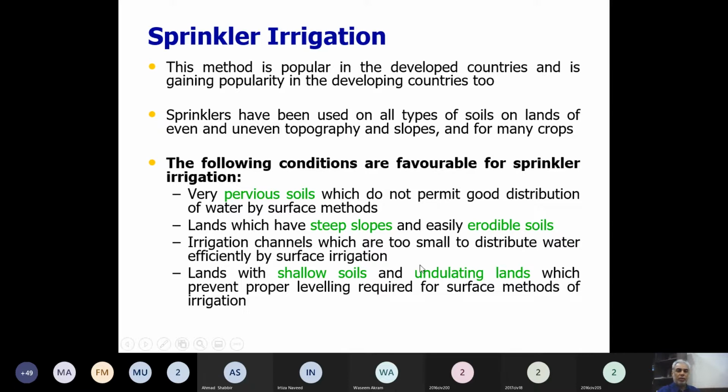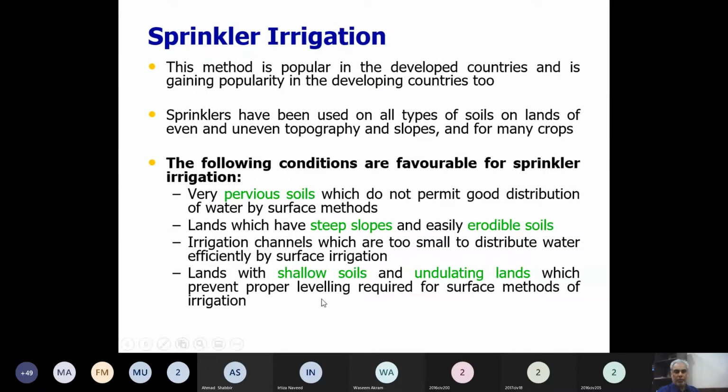Irrigation channels which are too small to distribute water efficiently: if channels are there but they are small and cannot fulfill the need, then the sprinkler method can add water to those. Lands with shallow soils and undulating lands which prevent proper leveling: over there, the sprinkler method will be preferable.